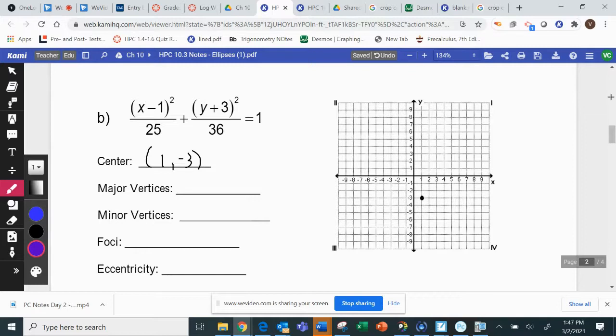I'm going to look at the 25 and the 36, and I'm going to say which one's bigger. 36, square root it, 6. That's under the Y. So my major vertices are going to go vertical. I'm going to go up 6 and I'm going to go down 6. So you could do that using the graph, or we could use our ordered pair to just add or subtract 6.